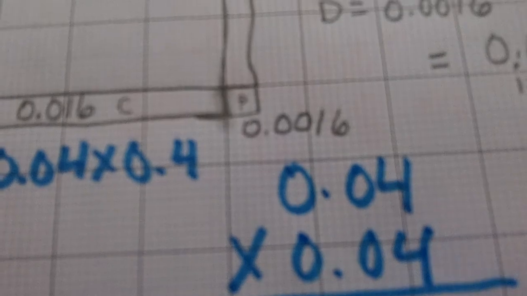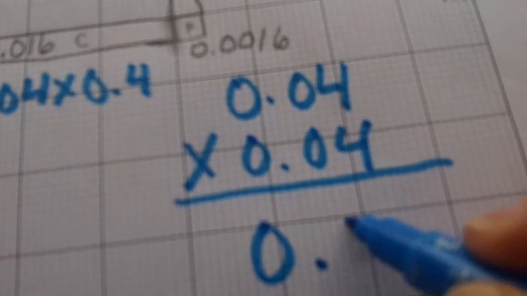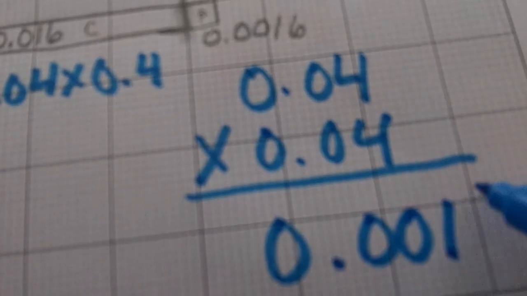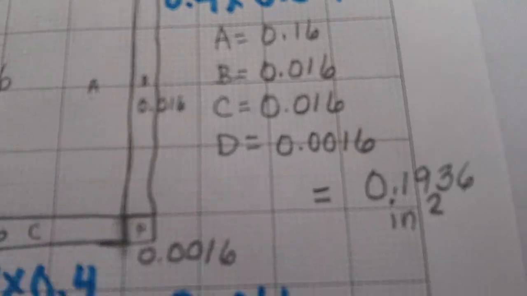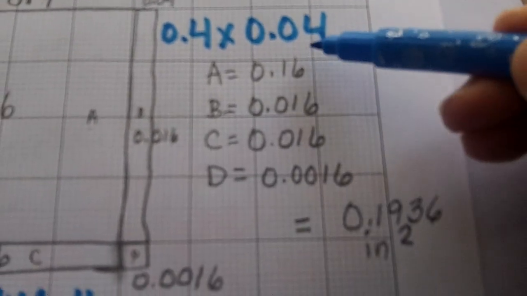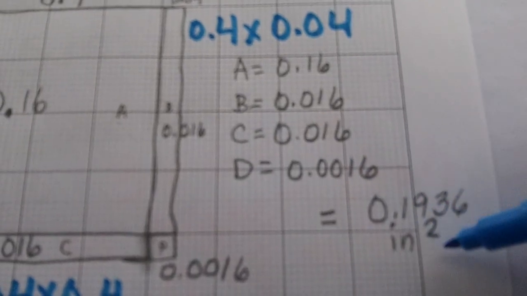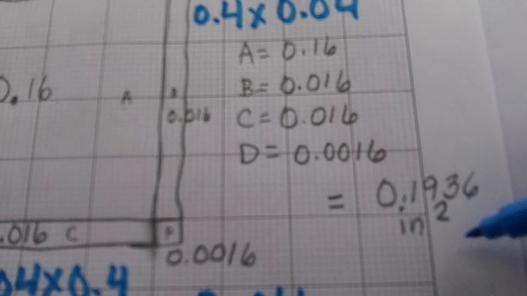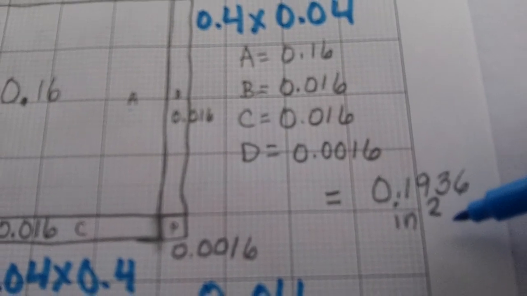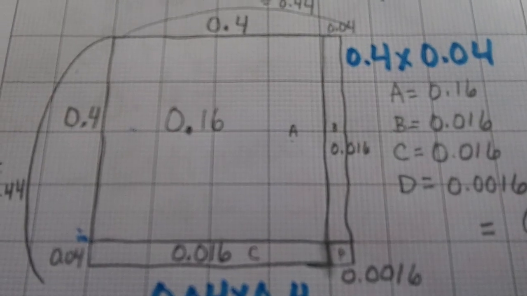And that's going to give me my smallest unit, which would be 0.0016. Now what I do is I have to add them all together, box A, B, C, and D, for a total of 0.1936 inches squared. This is a 4 partial. This is a lot of work, but you can definitely do it.